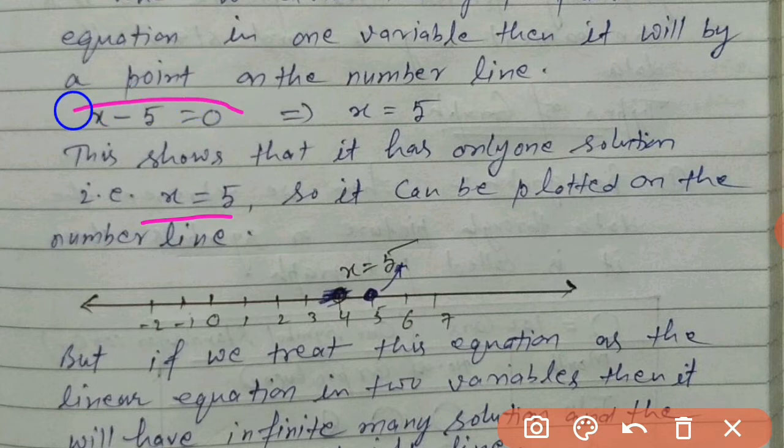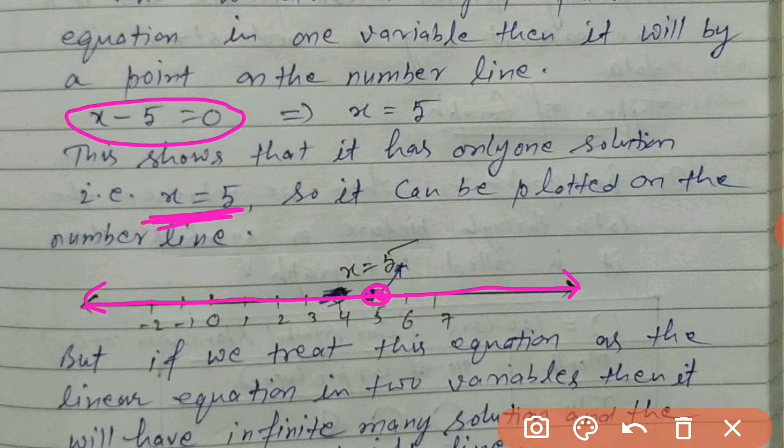So plotting x minus 5 equal to 0, we will simply draw a number line and plot 0, 1, 2, 3, 4, 5, 6 and on the left hand side minus 1, minus 2, and here is x equal to 5. So this is the graph of the linear equation in one variable.